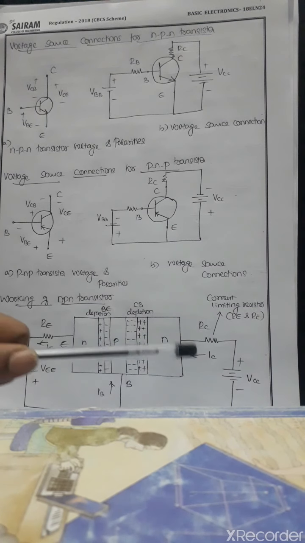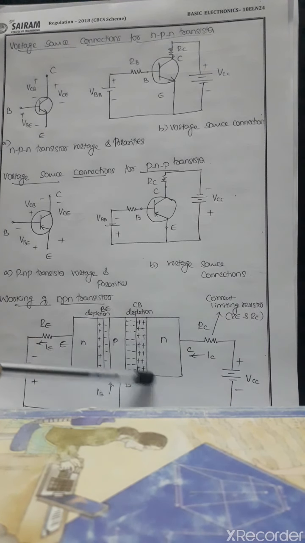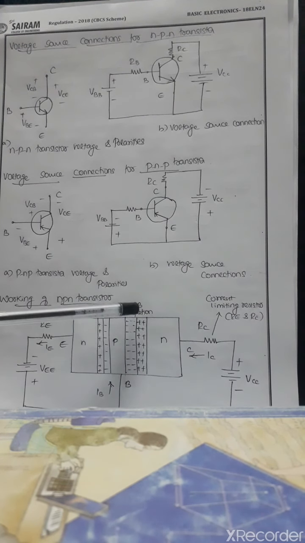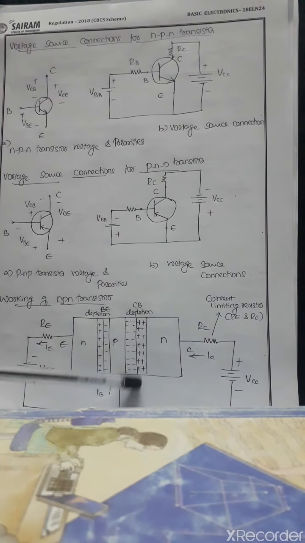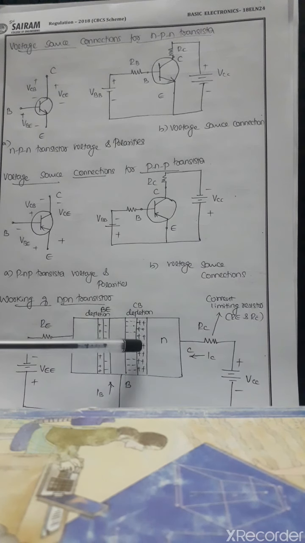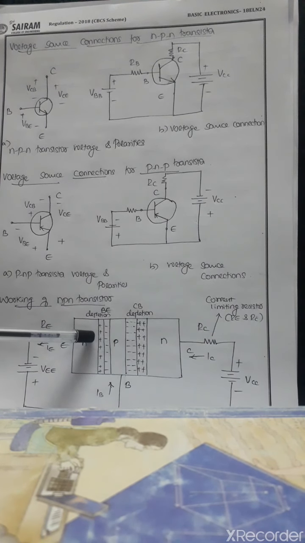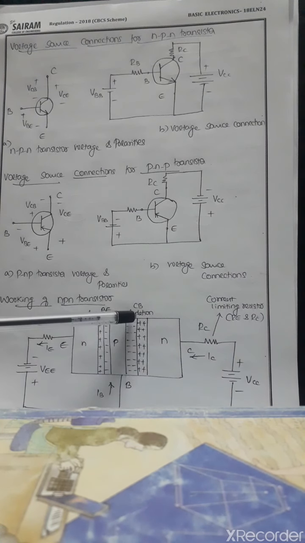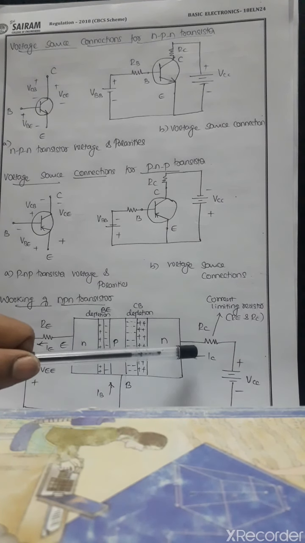Whereas in the reverse bias condition, across this PN junction, there is a depletion region that will be wide compared to this depletion region, because this PN junction is under reverse bias. And you can observe the current flows: the emitter current, the base current and the collector current.